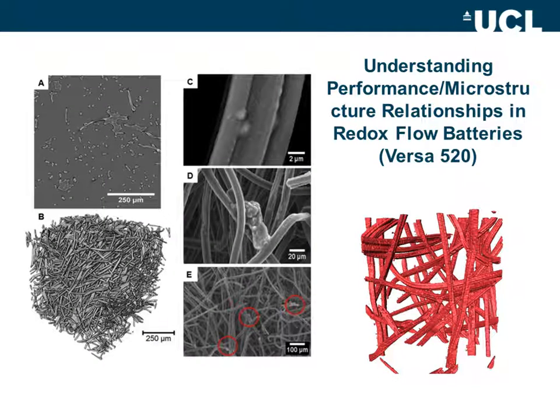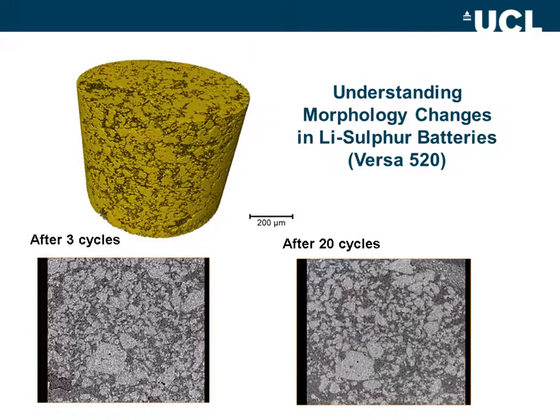We have a lot of recent work in understanding performance microstructure relationships for redox flow batteries. Again, another great in-situ application where we can look at the ingress of electrolyte into these complex carbon fiber woven materials. And as well as lithium-ion batteries, we do a bunch of different battery chemistries like lithium-sulfur, sodium-ion, and increasingly more novel and far-off chemistries like lithium-air.